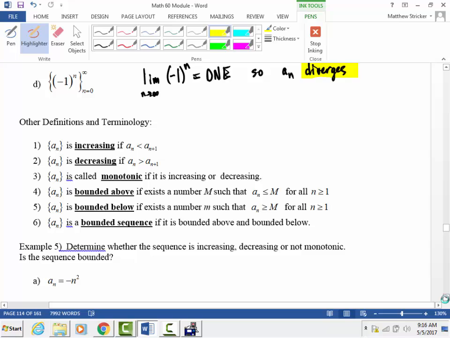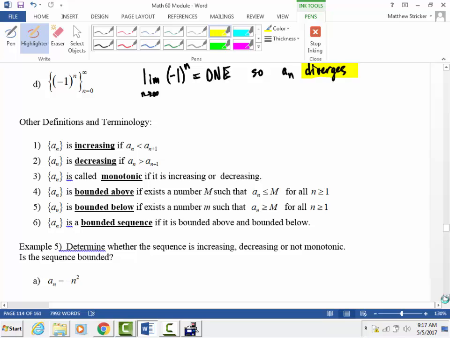If the next term is bigger than the term before it, we're saying the sequence is increasing. And now if the flip side is true, if the next term is smaller than the term before it, then we say the sequence is decreasing. If it is increasing or decreasing, we say it's monotonic. Okay, it's just terminology.